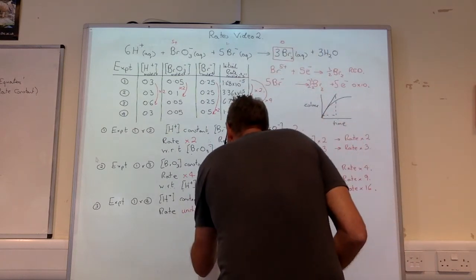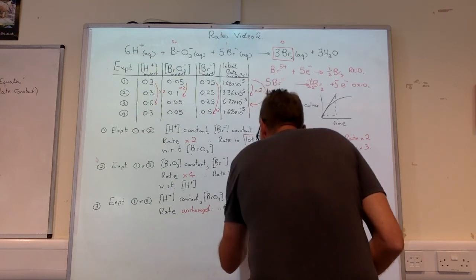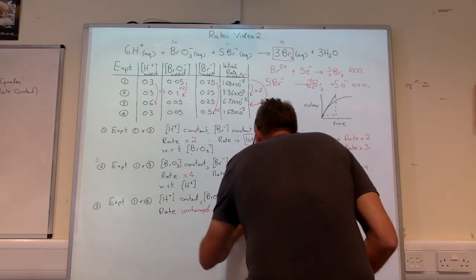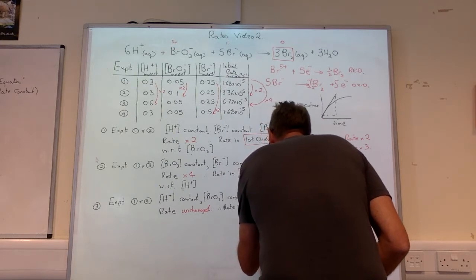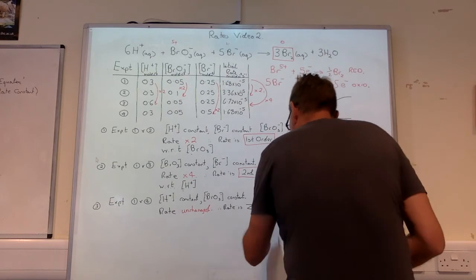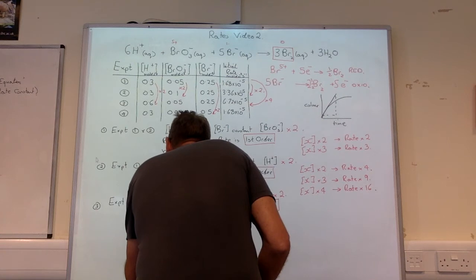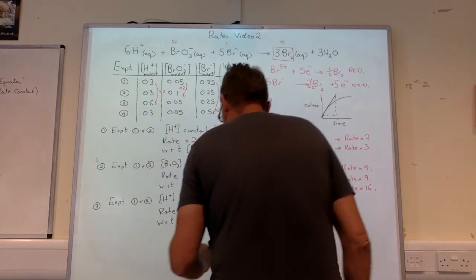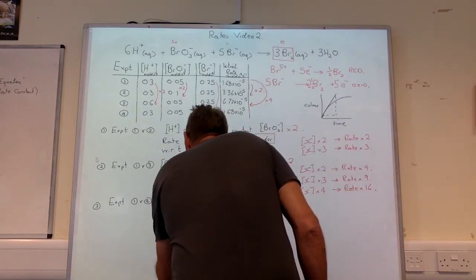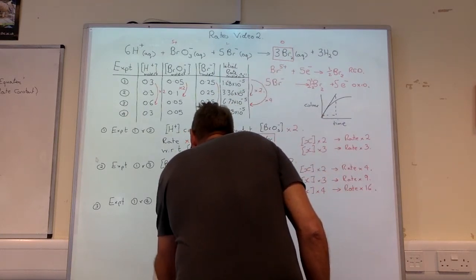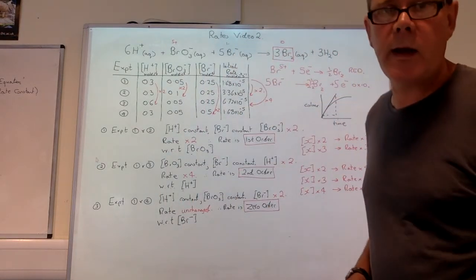Therefore, rate is zero order with respect to bromide concentration. There's your answer. There's marks to be had there straight away, no problem.